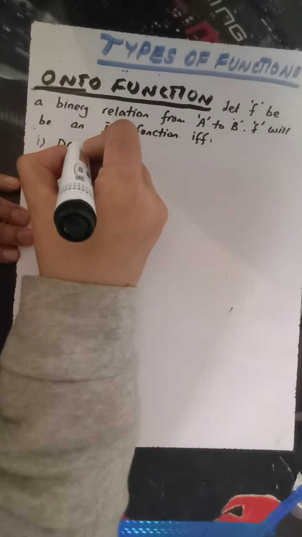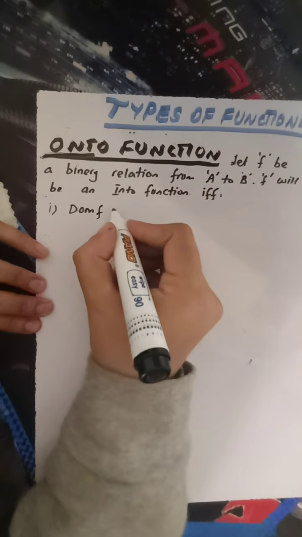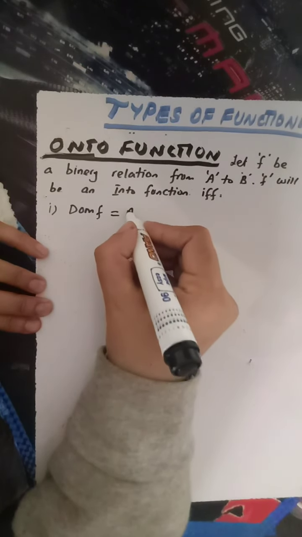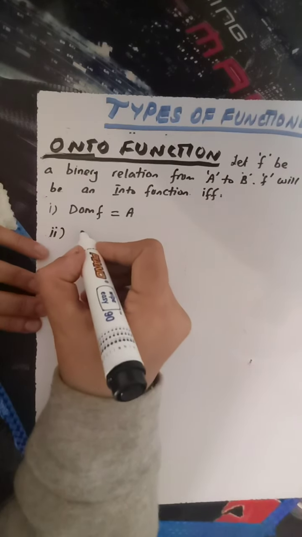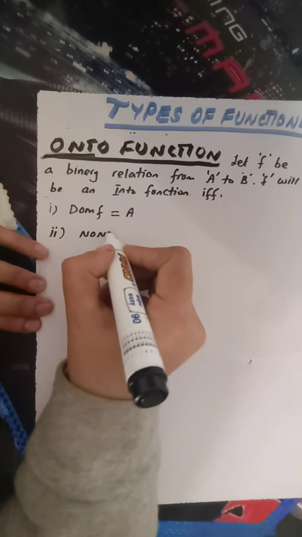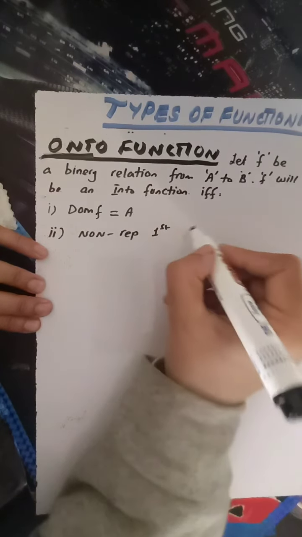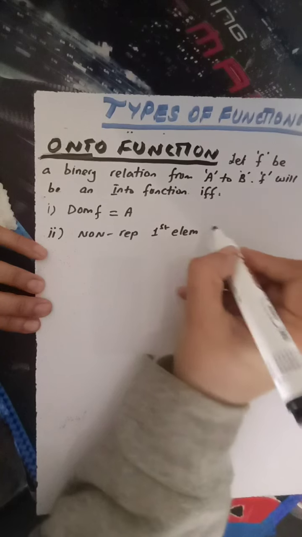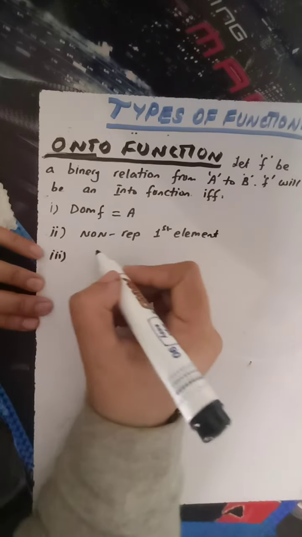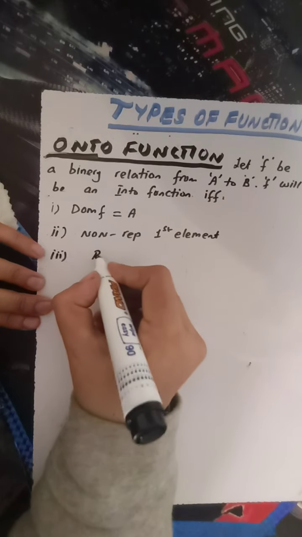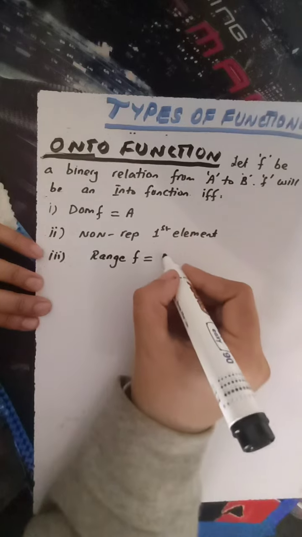The first two conditions are same as before, and that is domain of f should be equal to the set A. And the second condition is again the same, non-repeating first element. And the third condition over here is that the range of the function should be equal to B.